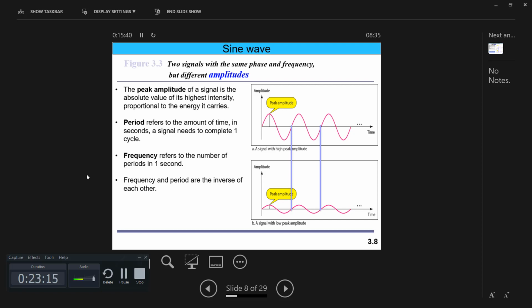But if the period is short, it's a fast signal with high variations, so the frequency is high. So the first definition is frequency equals 1 over T, inversely proportional to the period, where T is the time of the period. And vice versa, if I give you the frequency, the period will be 1 over the frequency.